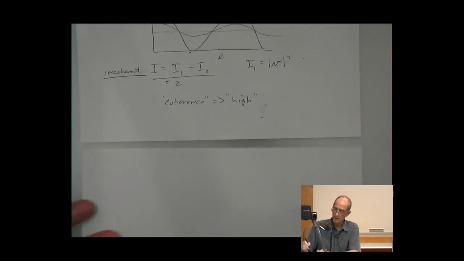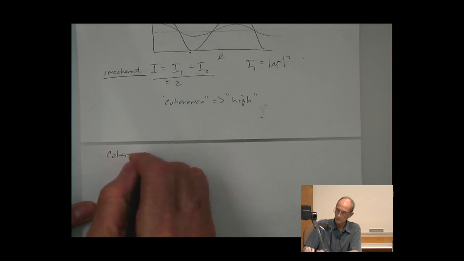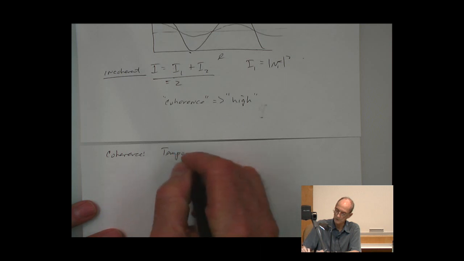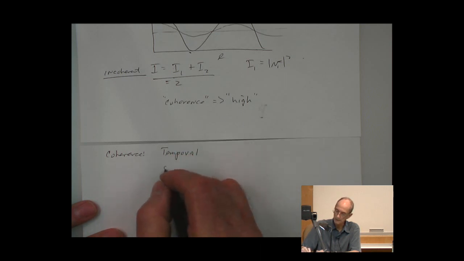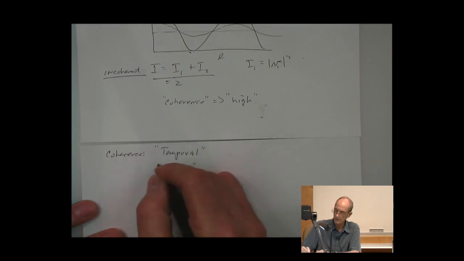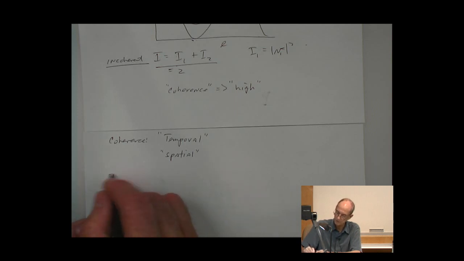All right, so as far as coherence goes, we can break this down into a temporal coherence and a spatial coherence. These are actually different properties of sources that we would encounter. So let's look at temporal coherence first.